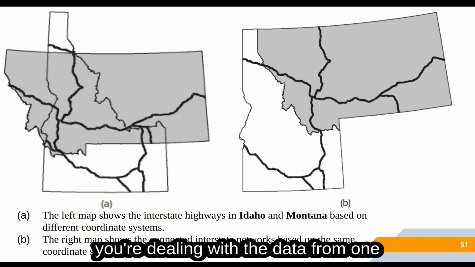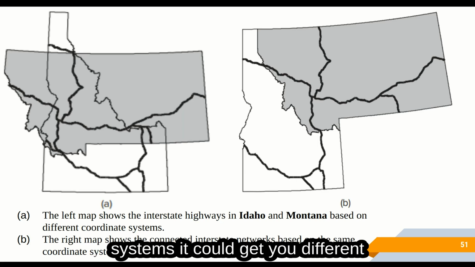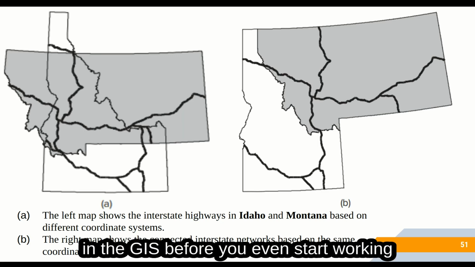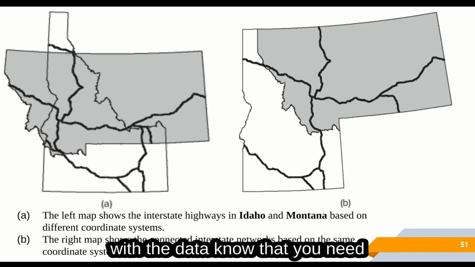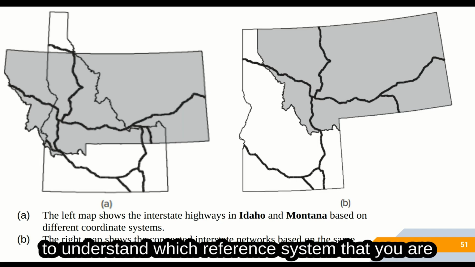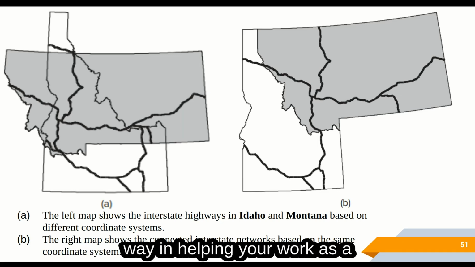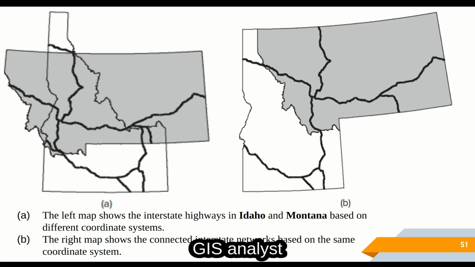When you're dealing with data from one specific area and you're using different systems, it could get you different results. So this is why I'm insisting in GIS, before you even start working with the data, know that you need to understand which reference system you are dealing with. This will go a long way in helping your work as a GIS analyst.